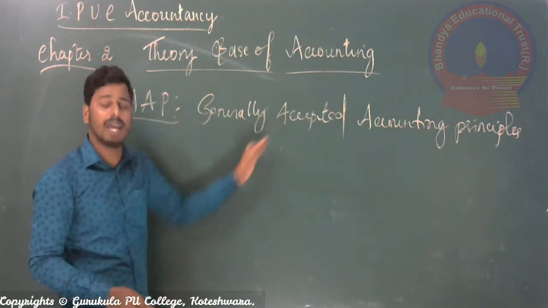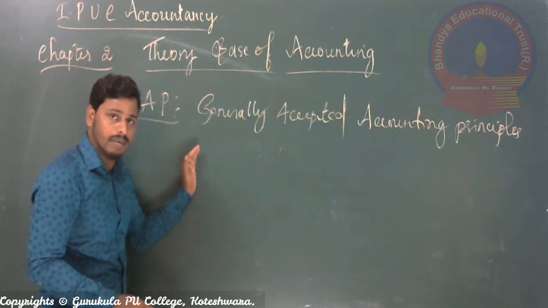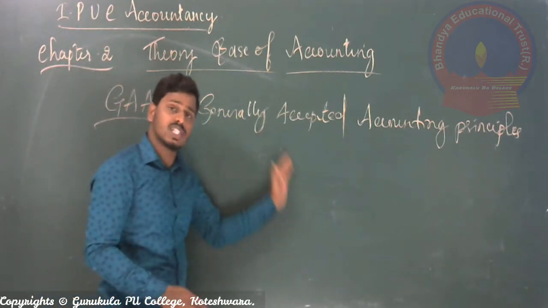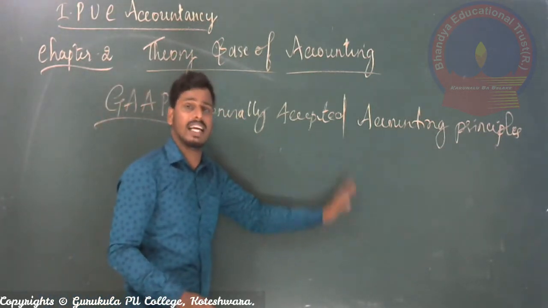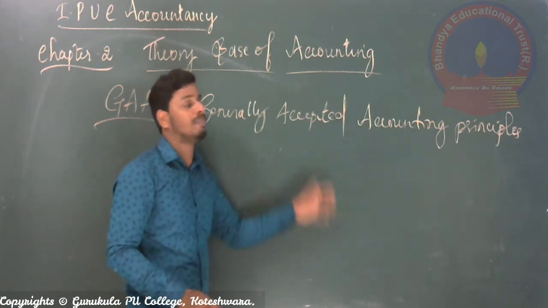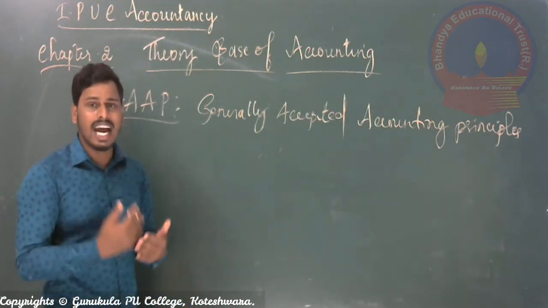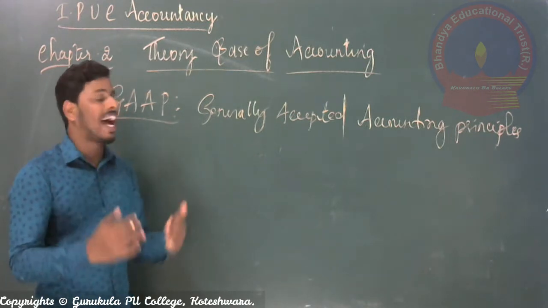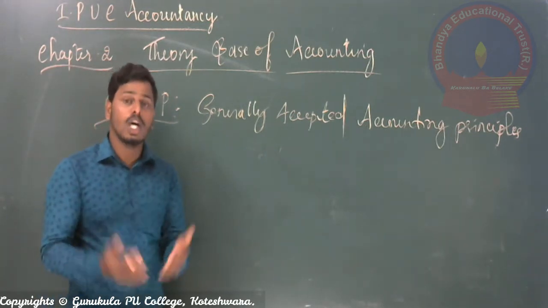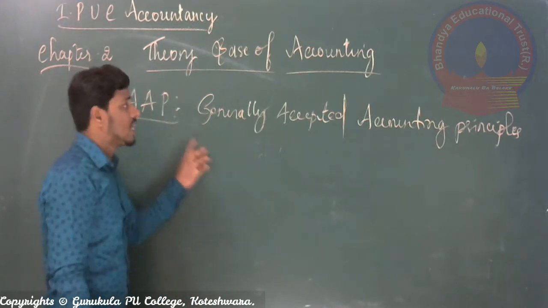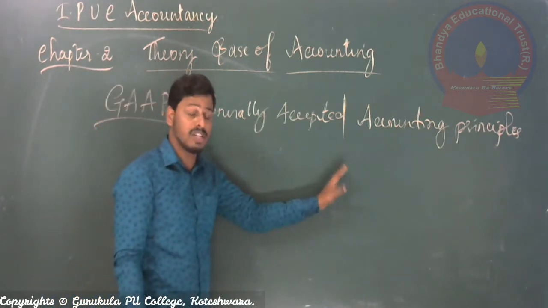In order to maintain uniformity, consistency as well as reliability in the books of account or preparation of financial statements of organizations, some guidelines or rules have been adopted. Those are called generally accepted accounting principles.